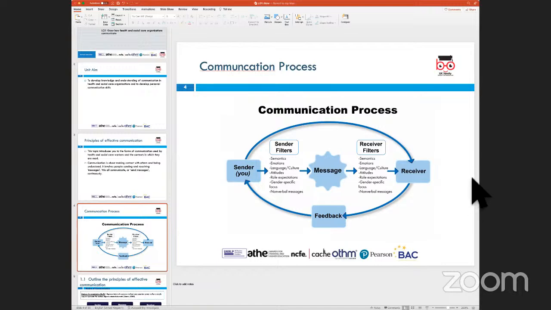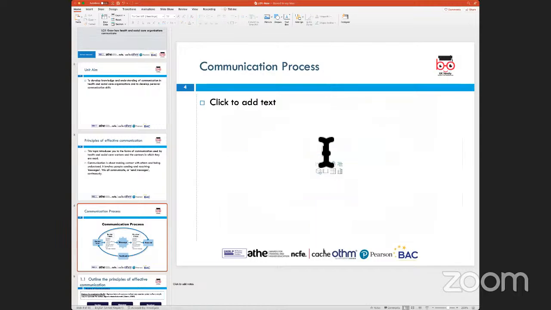So communication tends to be a 5-step process, consisting of sender, receiver, the feedback loop, which allows you to pass me information on what you understand and what you don't understand, and in the middle some sort of processing which makes this thing work.